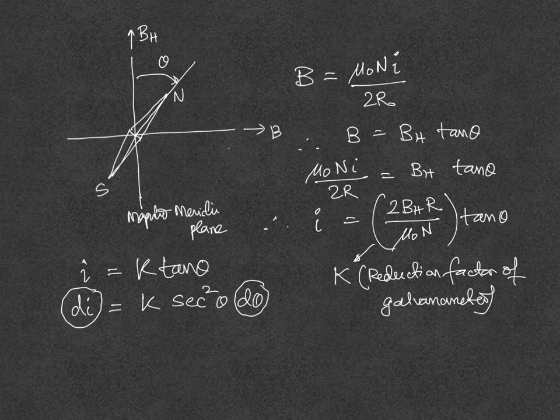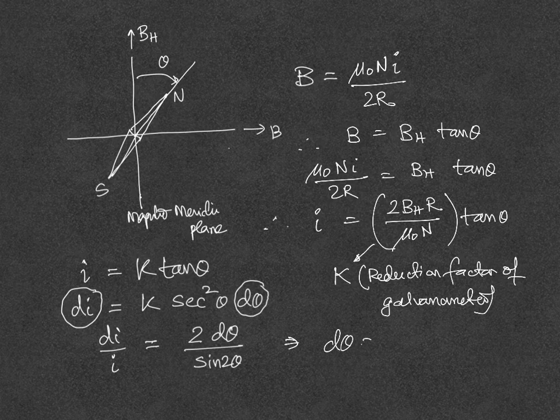So di divided by i, if you divide it like this, you get 2 times d theta by sine of 2 theta. If you simplify it, d theta equals sine 2 theta by 2 into di by i.